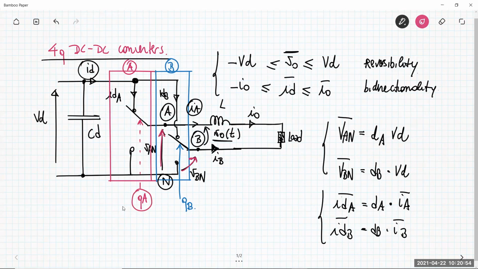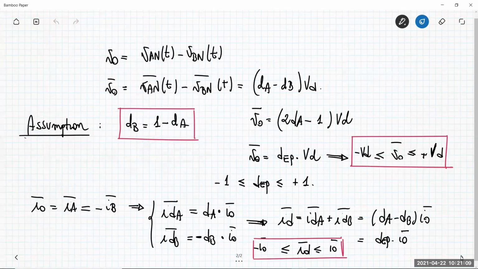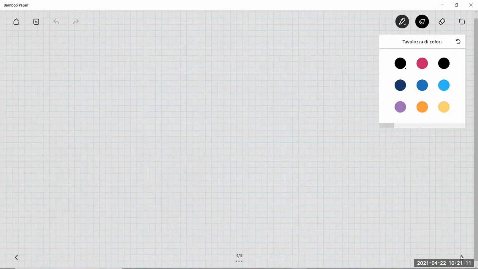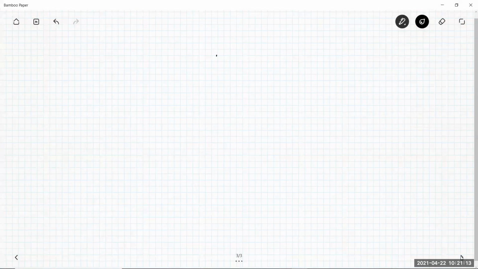Then we also need a control voltage B for the leg B, the switching power pole B, that compared to the triangular double edge waveform in the pulse width modulator provides the generation of the unitary switching function QB. So let's analyze the expression of these control voltages.